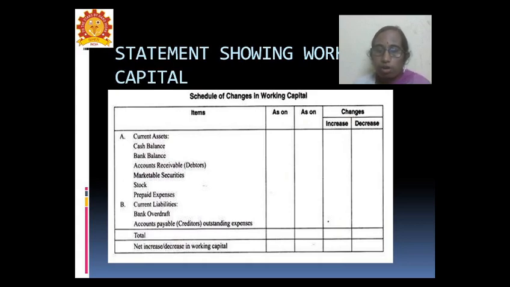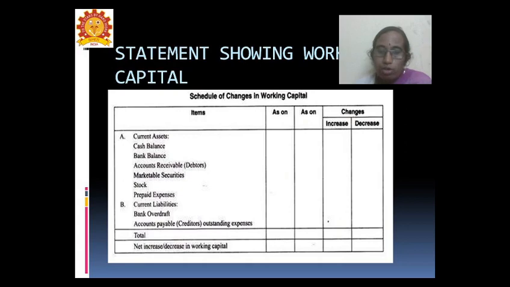But when we talk about the current liabilities, it is an adverse position. And we have to state that when the current liabilities are getting increased, there is a decrease in the working capital. When the current liabilities are getting reduced, it is an increase in the working capital.